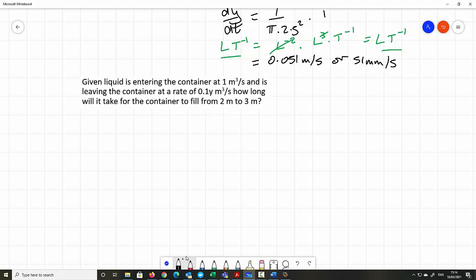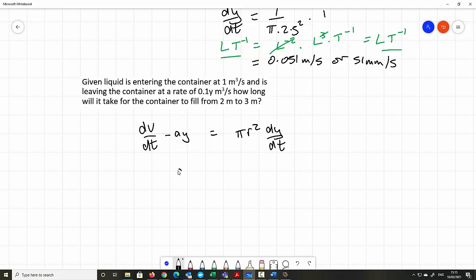So let's remind ourselves of our equation, which is dv by dt is equal to pi r squared dy by dt. Now I've left a bit of space here because water is now leaving the container as well, so that's going to be minus, I'll call it ay for now, but we know that a is equal to 0.1.